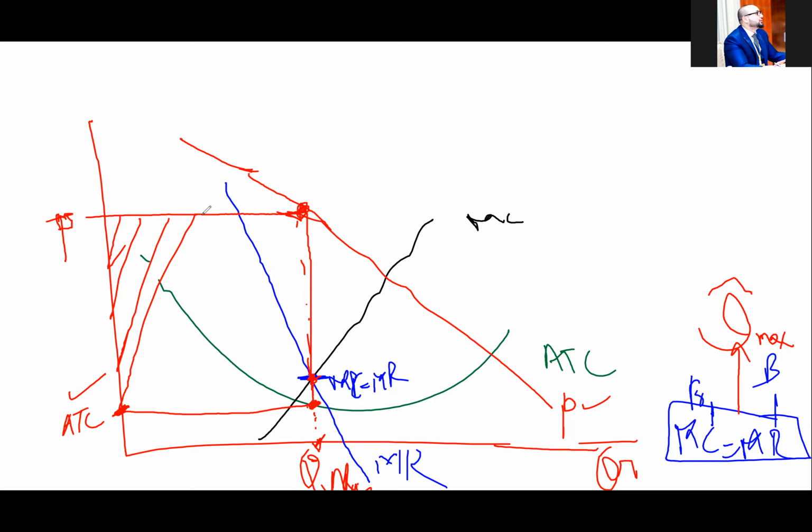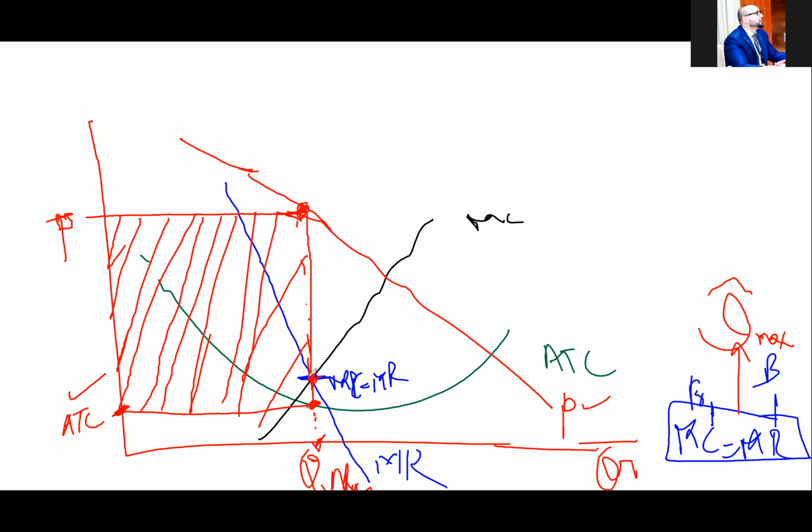Look at the massive size of the profit. They are earning a crazy amount of money, right? But since they have government rights, ownership of key resources, or maybe they are a natural monopoly in which they maintain their low cost, nobody can dare to enter the market.